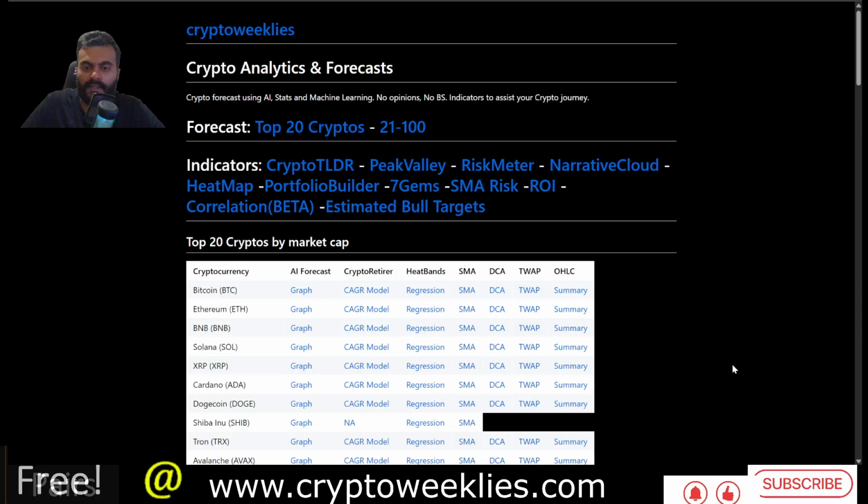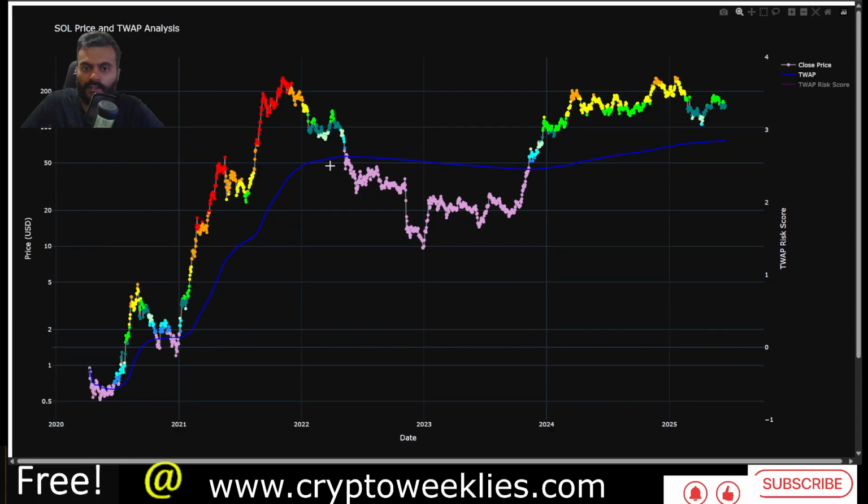Time weighted average price presents a clear accumulation territory whenever the price is below this blue line, especially in the bear market. That model helped identify a range for accumulating Sol throughout 2022 and till about late 2023. Right now the prices are above the time weighted average price, which comes in at around $77.